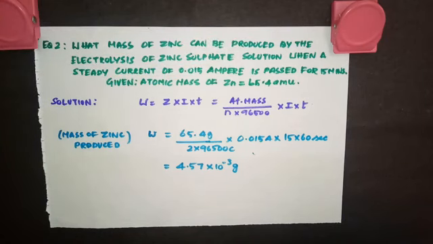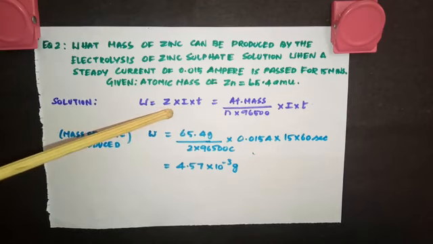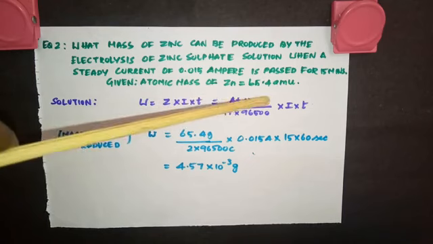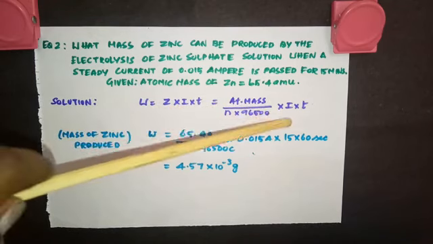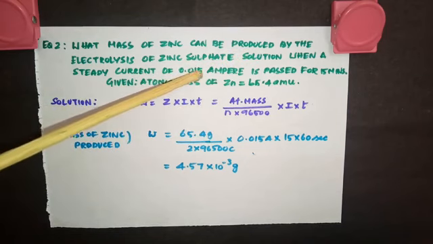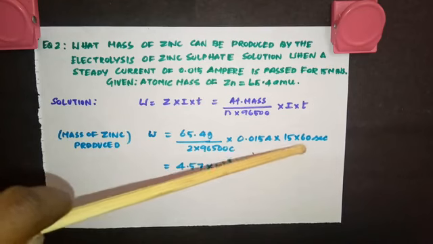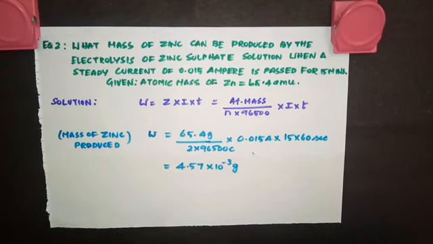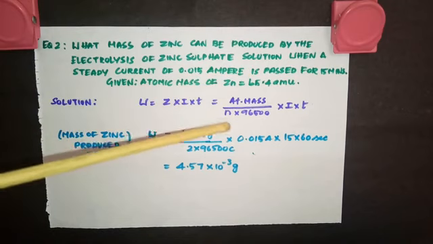So according to Faraday's first law, W is equal to Z into I into T. They are asking you W. Z, you know how to find out Z. Z is equal to atomic mass divided by n into 96,500. I is given in the question, 0.015. T is given in minutes, converted into seconds by multiplying by 60. Atomic mass is also given, 65.4, and what is n?